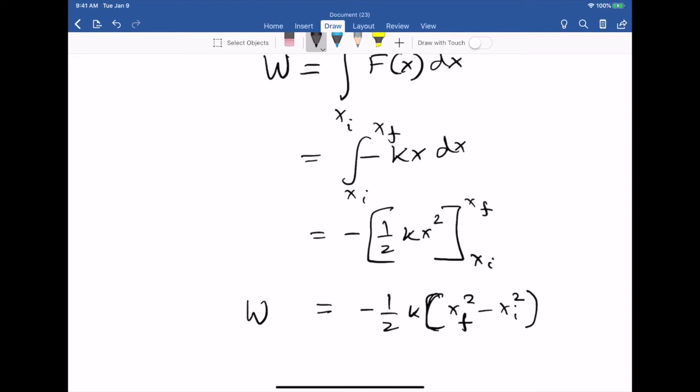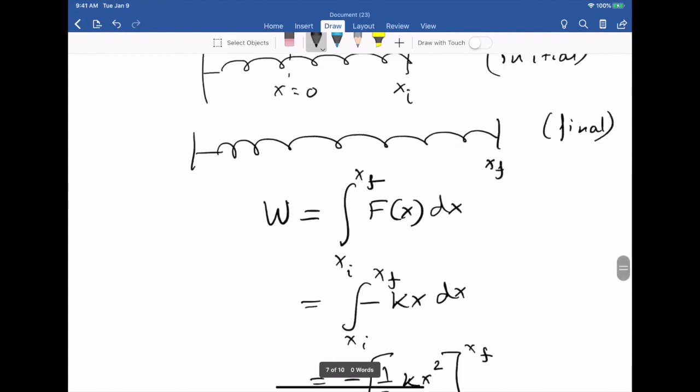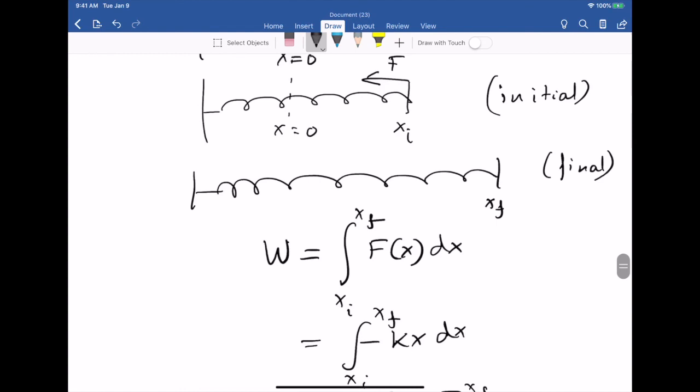Okay, what is the work done by the external force that's stretching the spring? That's the second part of the question on the slide. And the question also tells us that the spring is being stretched with zero acceleration, right?